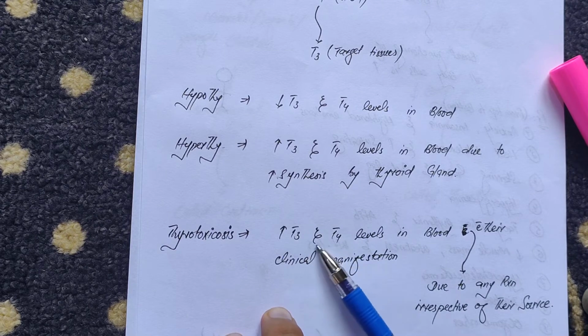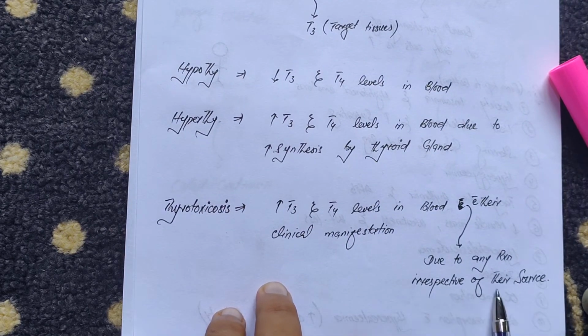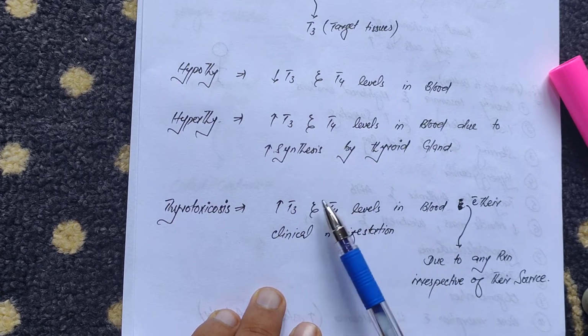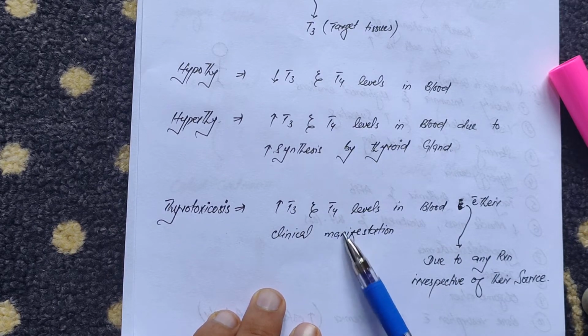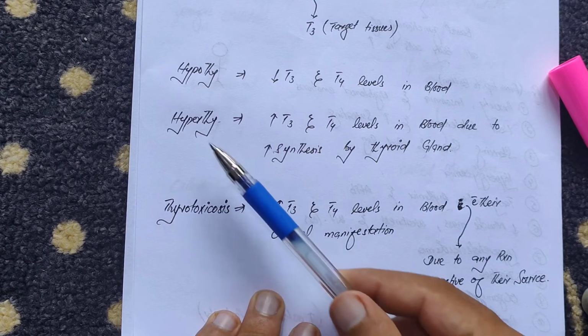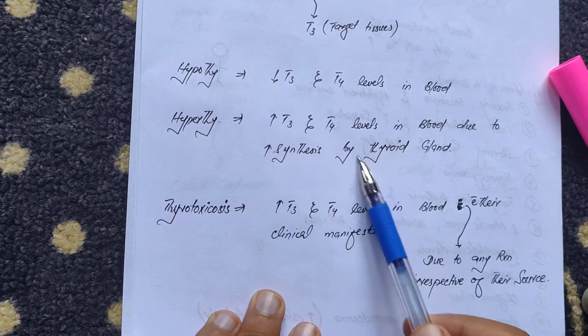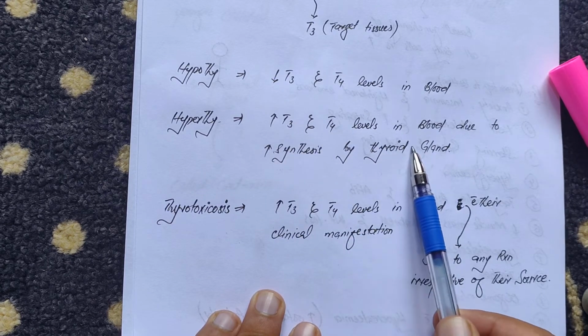And this increase in T3 and T4 levels may be due to any reason, and the source is not definite. That is, the source is irrelevant to the cause. So just remember, whenever there is increased T3 and T4 level due to any reason and it manifests clinically, that will be your thyrotoxicosis. Whereas for hyperthyroidism, you must have the source of increased synthesis by the thyroid gland.